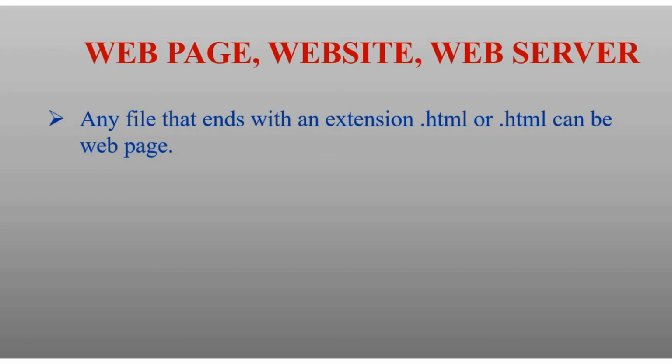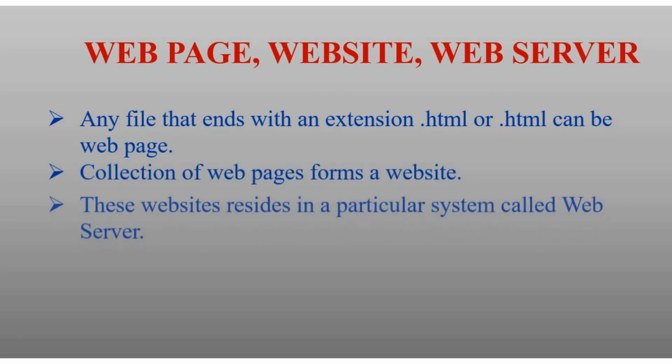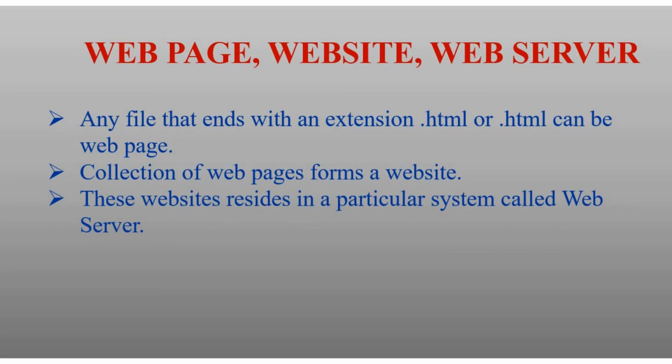So then what about a website? A website is a collection of your web pages. These websites reside in a particular system called a web server. So www, which is your World Wide Web, consists of interlinked documents which we call web pages. A collection of these web pages forms a website, and these websites reside in a web server.